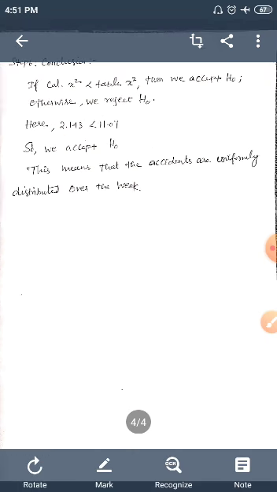Then compare the calculated value and the table value. Step 6 is the conclusion. The calculated value of chi-square is 2.143 and the table value is 11.07. The table value is greater than the calculated value, so we accept H naught.